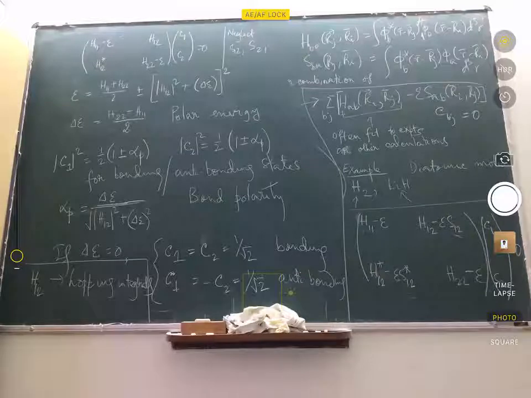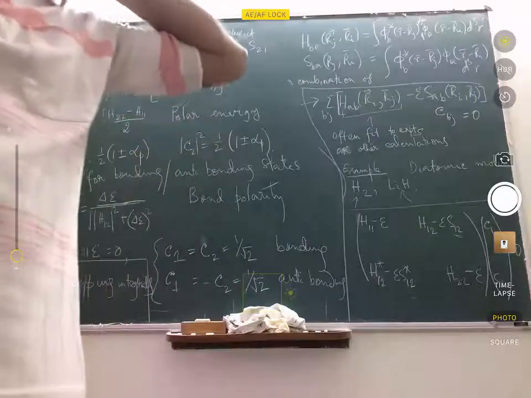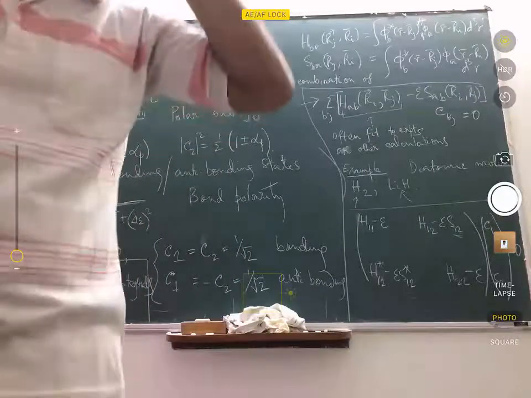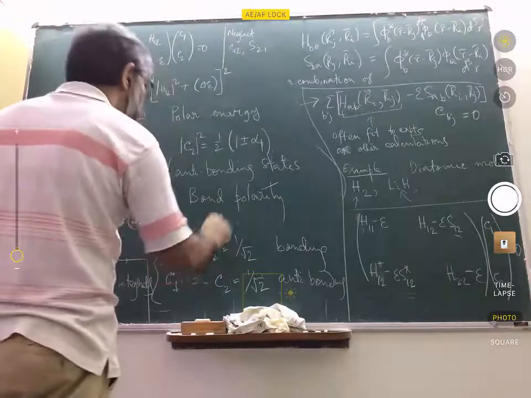So we were discussing the tight binding model, and the general idea, as I said here, was using the atomic orbitals as the basis functions for representing the electronic wave functions in a molecule or solid. So we started with a simple diatomic molecule, and there was some small mistake here.